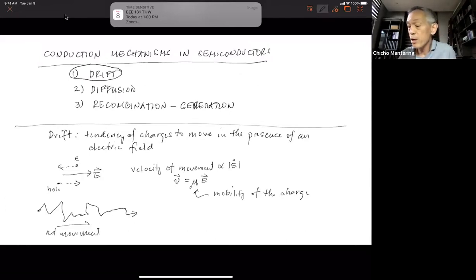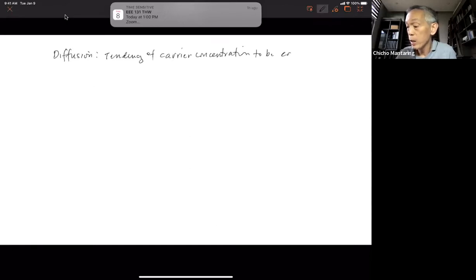Okay, let's talk about diffusion. Diffusion is the tendency of a carrier concentration to be equal over a volume.